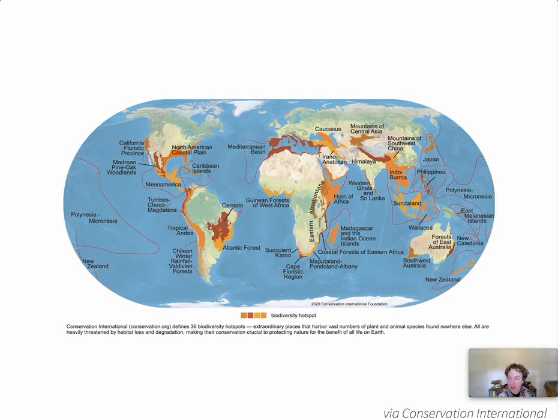These intact habitats represent just 2.5% of the Earth's land surface, but they support more than half of the world's plant species as endemics. Those are species found no place else, and nearly 43% of bird, mammal, reptile, and amphibian species as endemics.